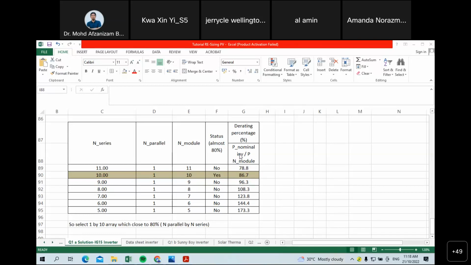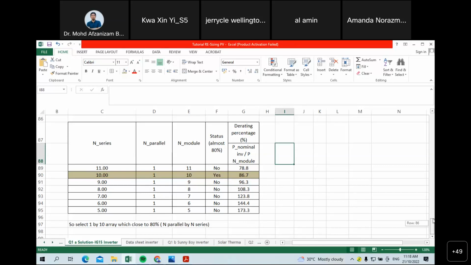P nominal is the P from the inverter, which must be lower than the power. We consider the other 20% as the losses through the system. Losses from the system.